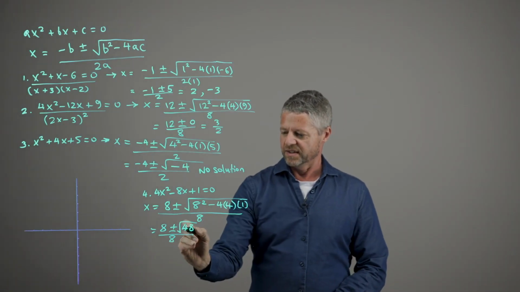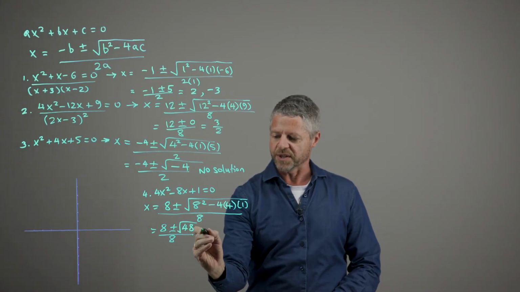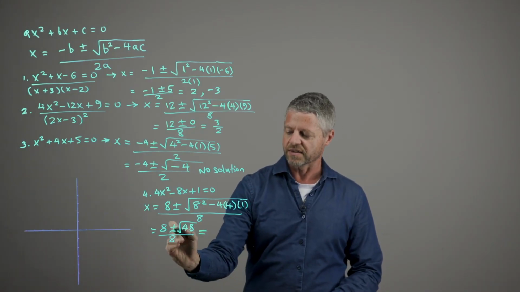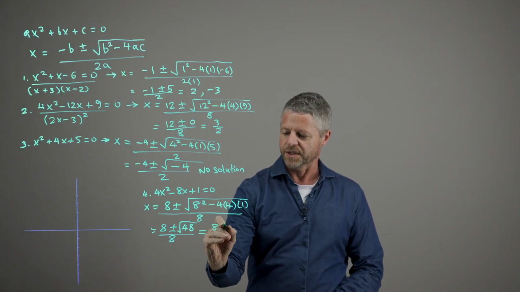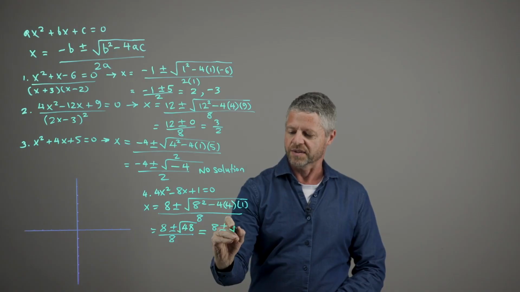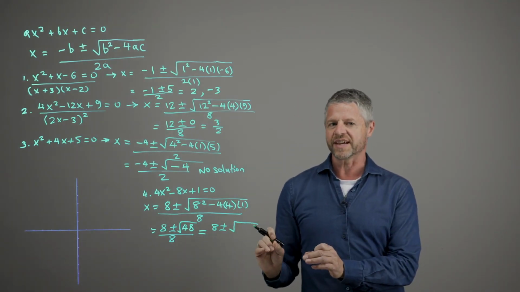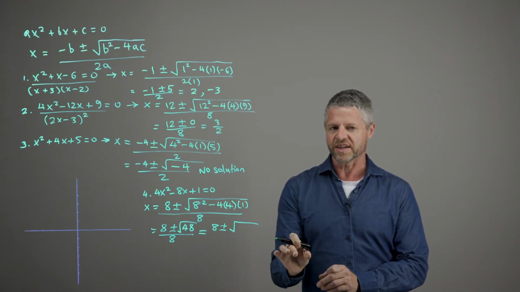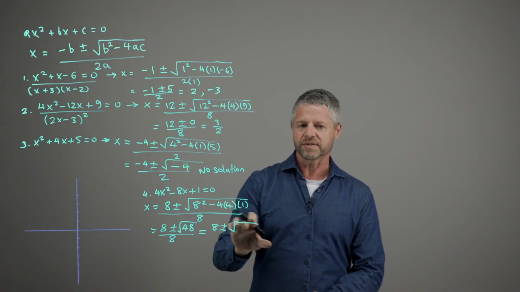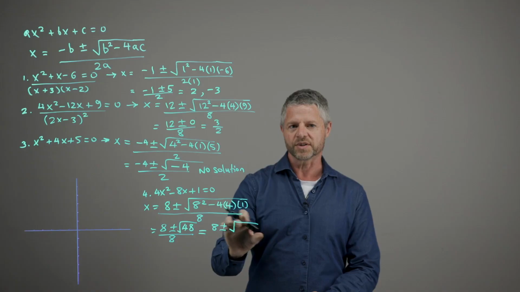Okay, so I know I've got two solutions here because I've got a positive discriminant. Let's see if I can clean this up a little bit. Let's do 8 plus or minus the square root of 48. If I factor that into a perfect square and another factor, then I could pull the perfect square piece out of the square root.